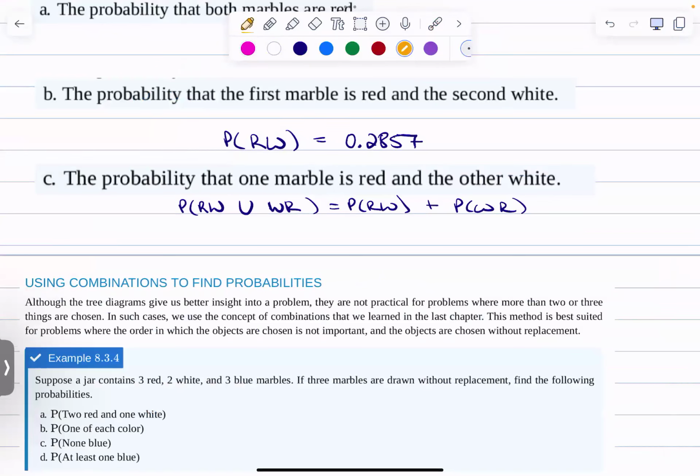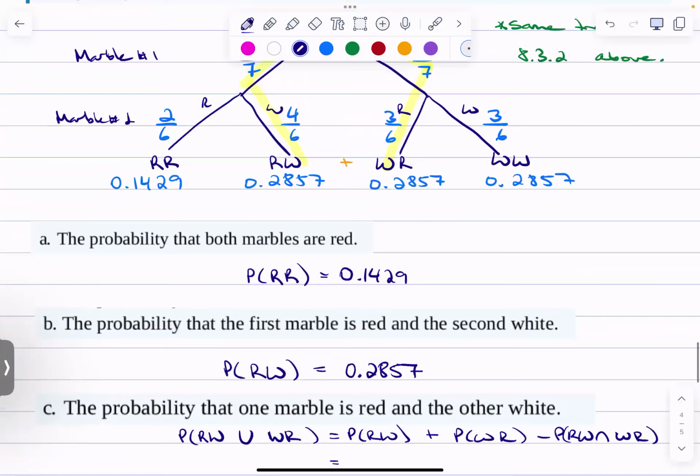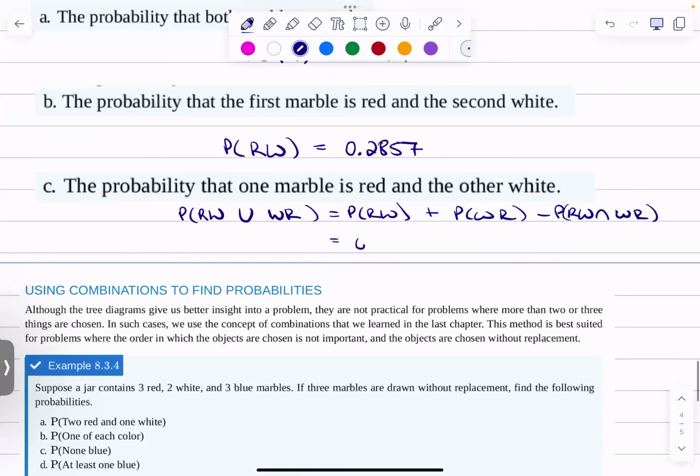And so you can still write it, probability of RW and WR is going to be 0.2857 plus 0.2857 minus 0.